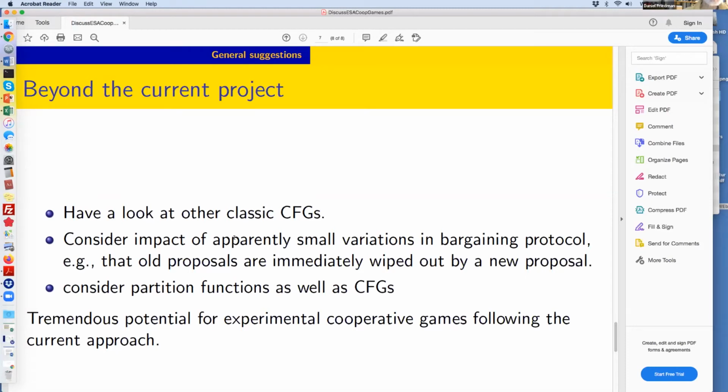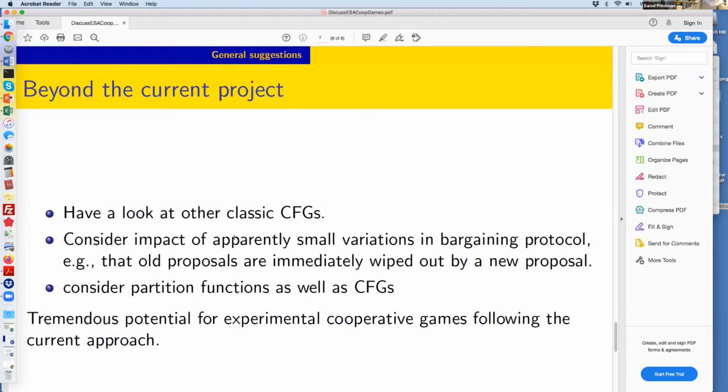The other thing I'd hope to see is variations in the bargaining protocol. For example, the way it is now, one player can immediately wipe out someone else's new proposal by proposing something else. So there are ways that proposals could stay up for longer. When I was thinking about this, I didn't know about partition functions before as well as characteristic functions, but maybe that's an even more natural way of talking about it.